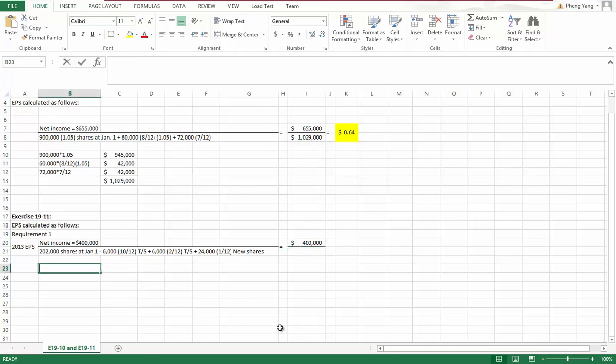For the first one, we've got 202,000 shares times, which would just be 202,000 because there's nothing else there. Okay, so for this one, 202,000. The second consideration is going to be our Treasury stock.